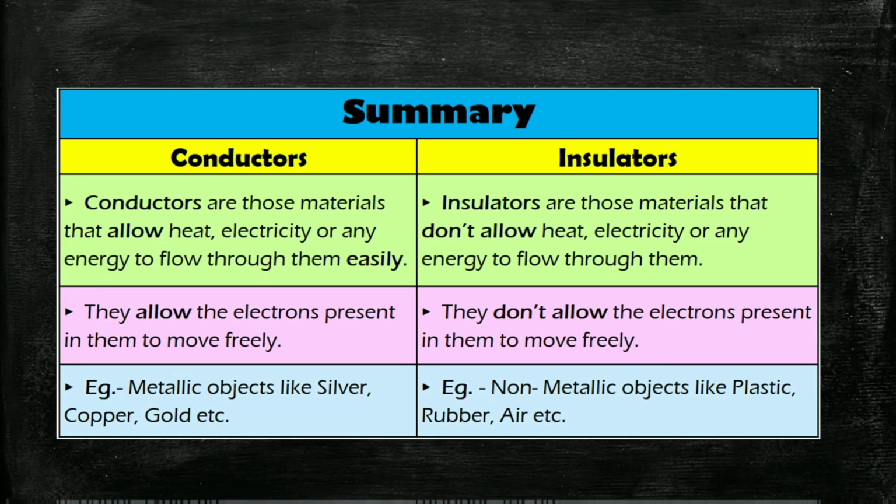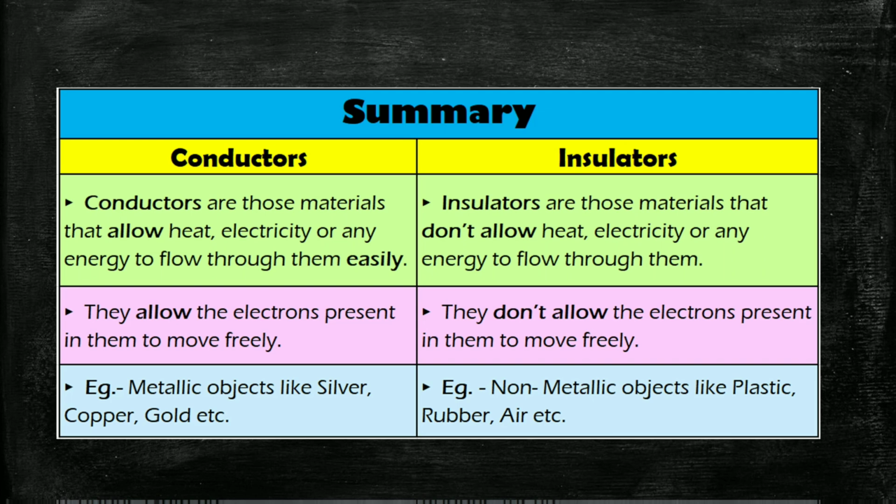Summary: Conductors are those materials that allow heat, electricity, or any energy to flow through them easily. Insulators are those materials that don't allow heat, electricity, or any energy to flow through them.